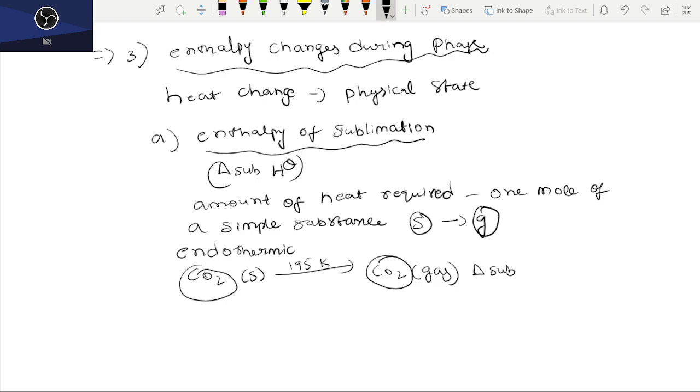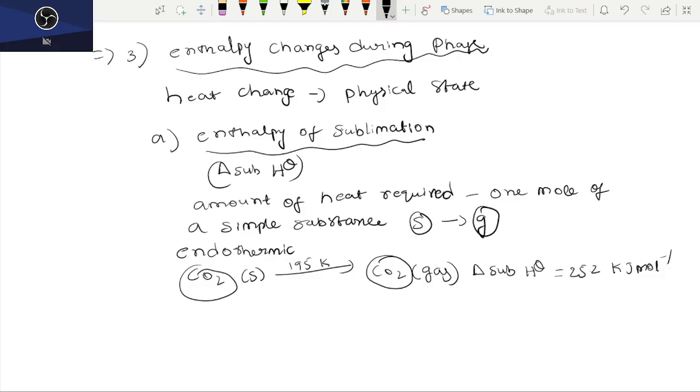Such energy is called enthalpy of sublimation. ΔsubH° is equal to 25.2 kilojoules per mole.